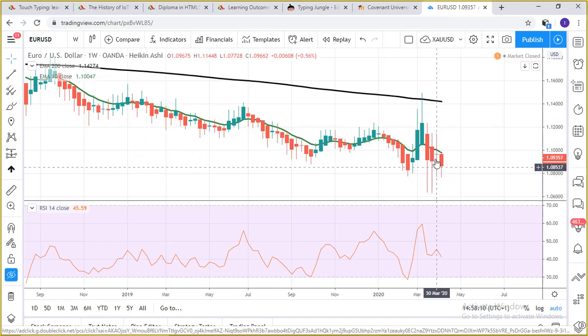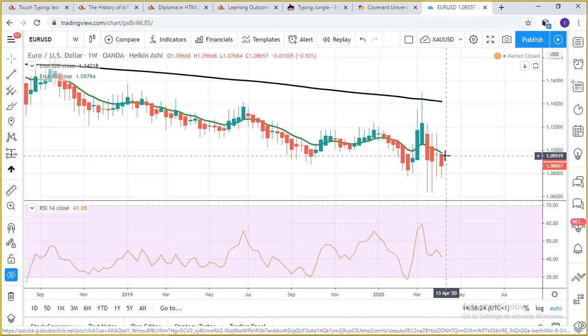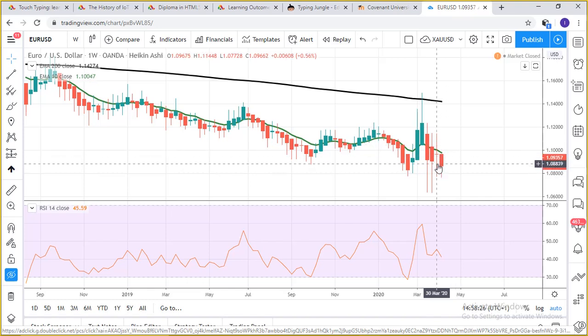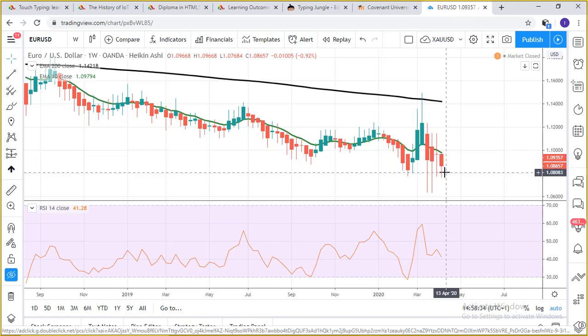The strength became equal. The activity here was that the buying and selling was equal. And the next candle that formed, the buyers could have taken over. But what did we see? We saw that the seller actually took over.